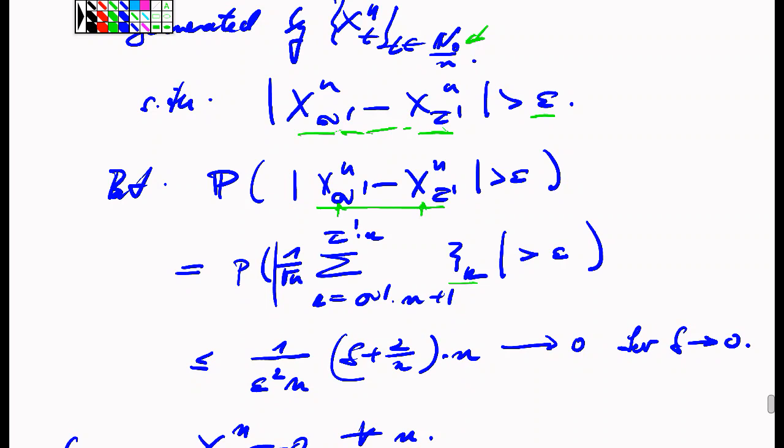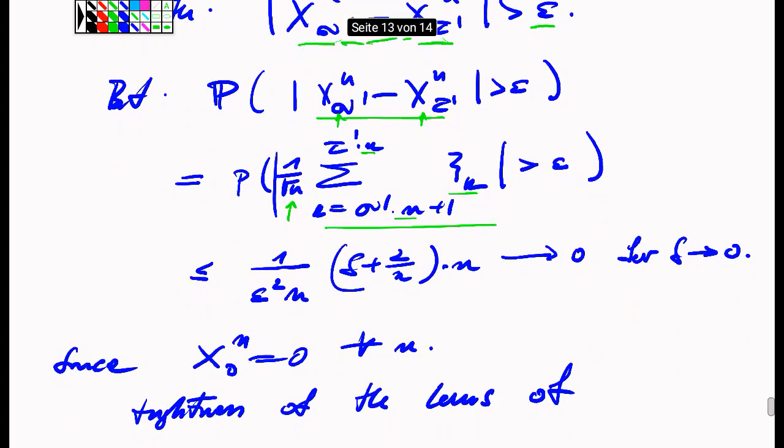Due to the linear scaling in time, it's tau prime times n as the upper index and sigma prime times n plus 1 as the lower index. And the X process definition also involves this 1 over square root of n scaling in front, so inserting the definition of the X process into this difference leads to the representation of this difference by this, which involves the sum of these up and down variables.